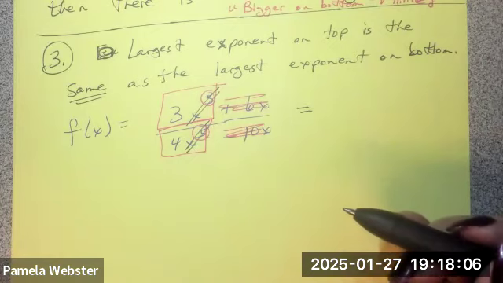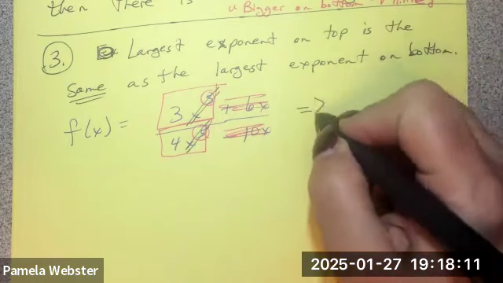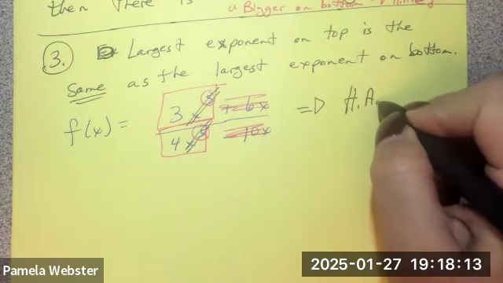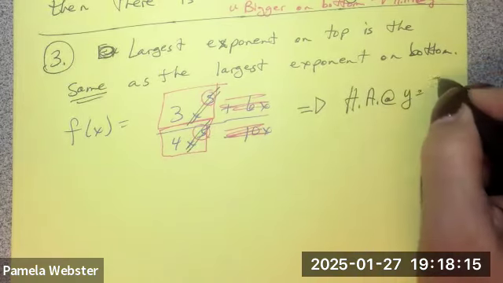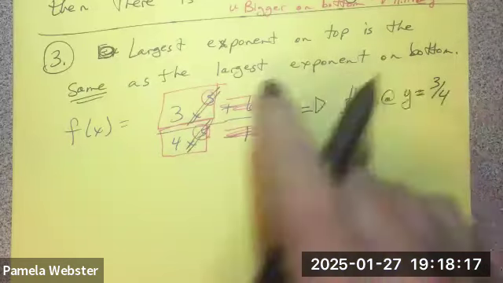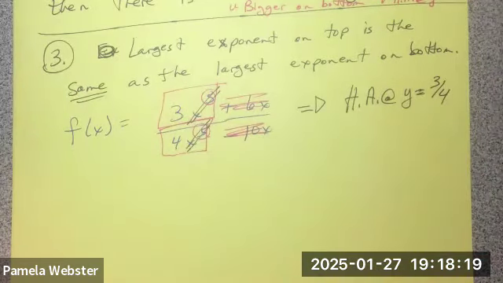Mathematicians call it reducing, right? Okay, so these are going to reduce out and what I get is a horizontal asymptote at y equals 3/4 because these are the same, they go away, okay?